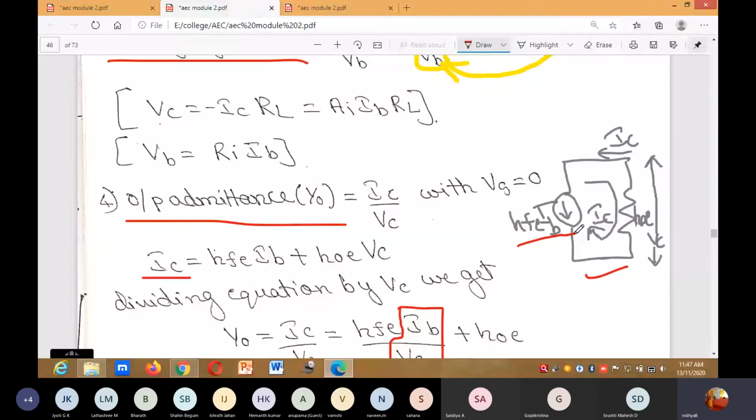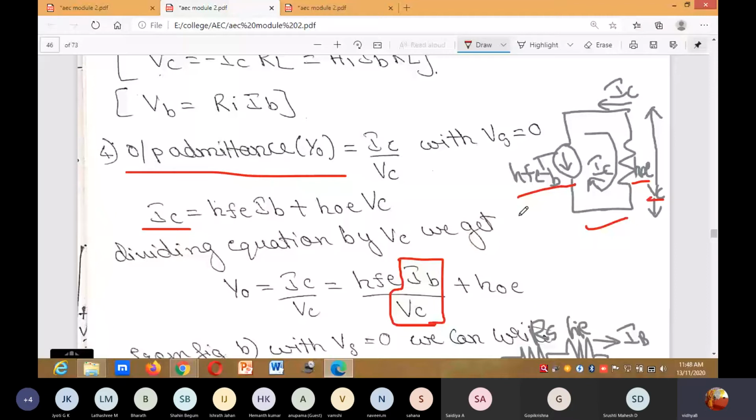HFE into IB plus HOE into VC. That is what you get as the IC equation. Next step is dividing the equation by VC. We get that Y0 is equal to IC divided by VC. So divide the equation by VC. IC divided by VC is equal to HFE into IB divided by VC plus HOE, where VC gets cancelled.